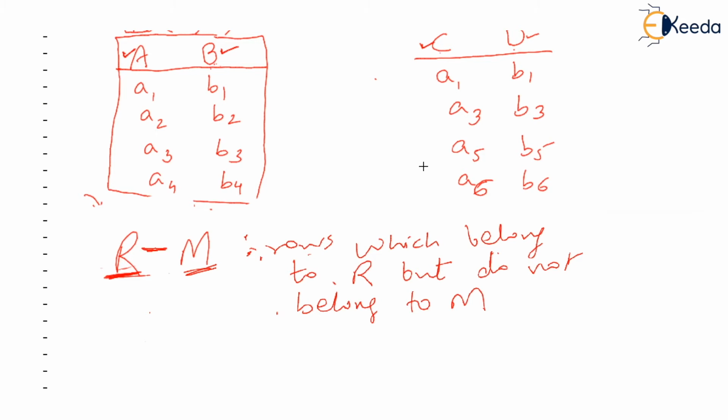Here, from the viewpoint of R, you have to see whichever rows are present in R but not present in M.